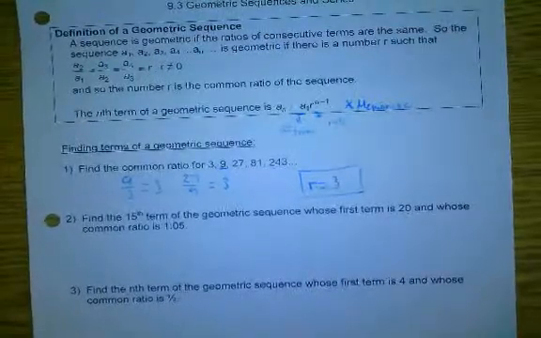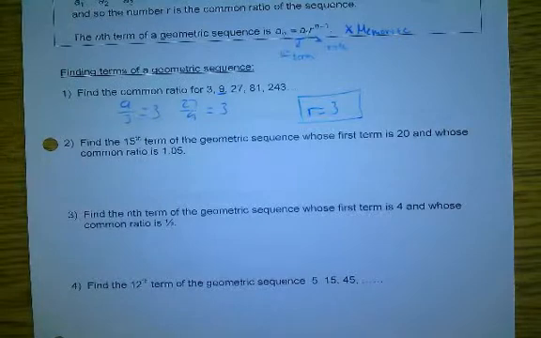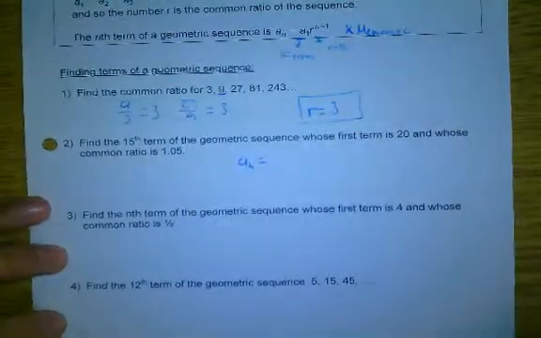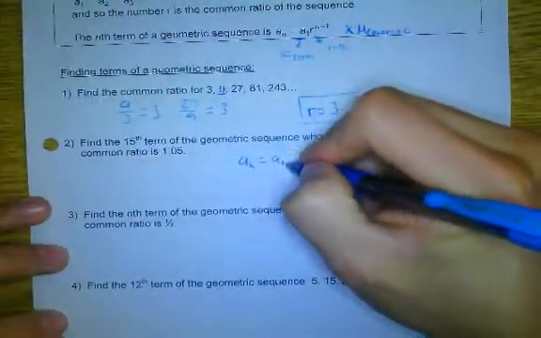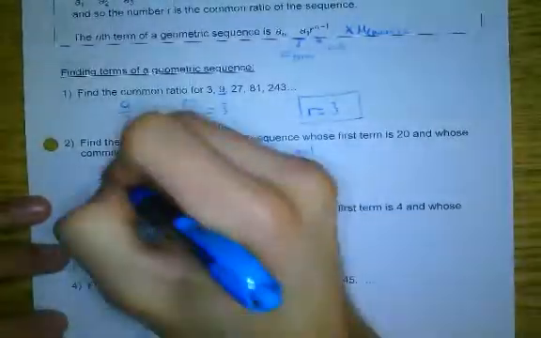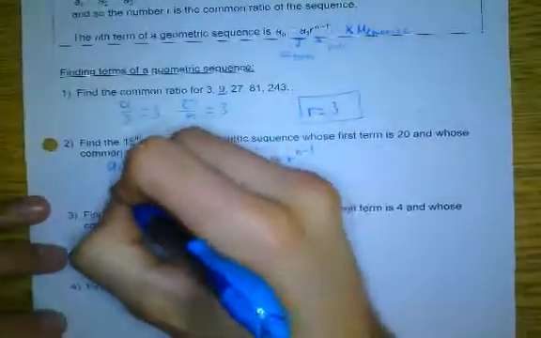Alright, number 2: find the 15th term of a geometric sequence whose first term is 20 and whose common ratio is 1.05. If you memorize the formula, which you will, remember that A sub n equals the very first term times the rate raised to the n minus 1. In your problem, your first term happens to be 20 and your rate is 1.05.